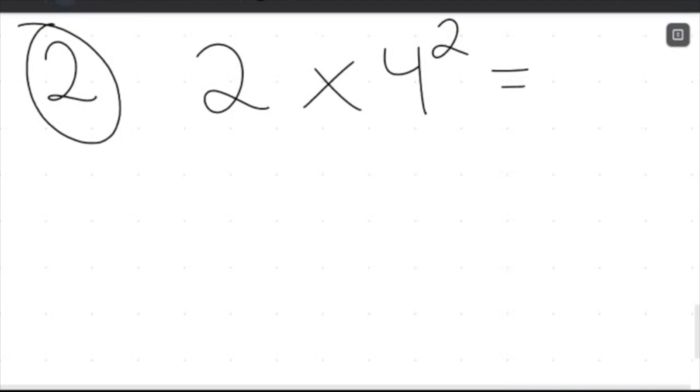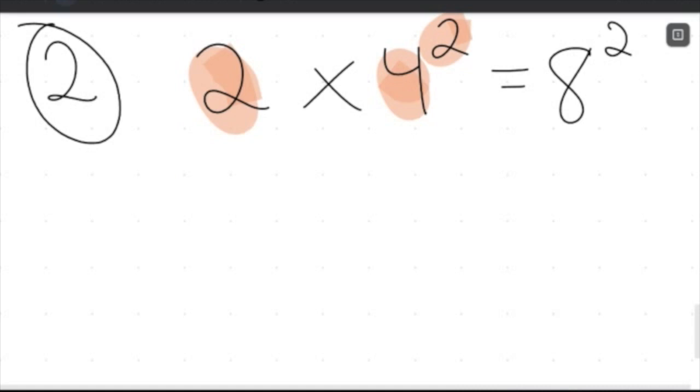And misconception number 2, another common mistake, is that students sometimes get a bit confused and go, okay, well, if I have 2 times 4 squared, well, that's the same as going, okay, I know 2 times 4 is 8, and let me just leave the squared up there. So a lot of the time students go, okay, 2 times 4, I know what that is, that's 8. And let me write that as a squared.